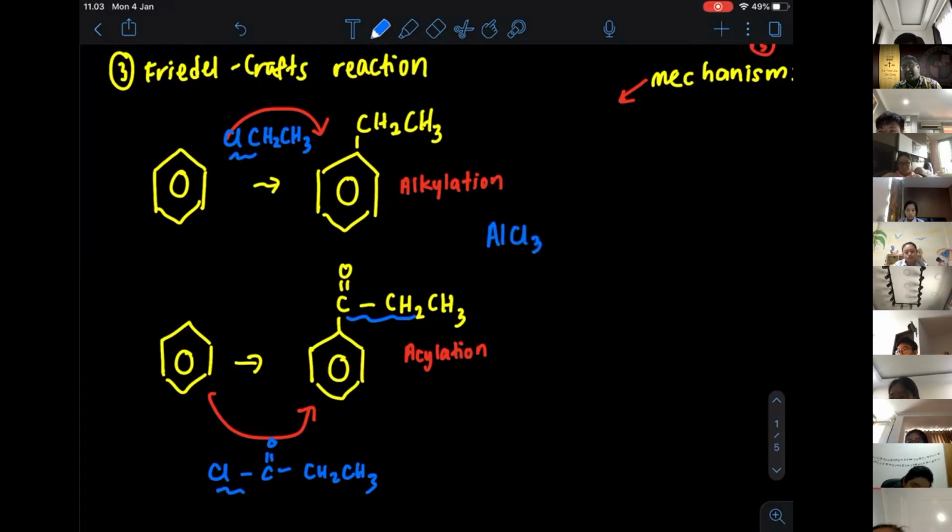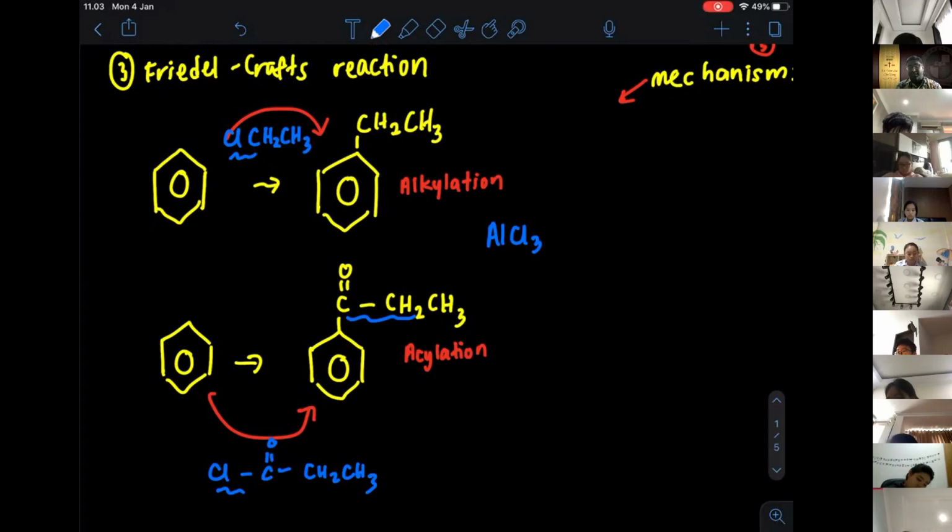We have used AlCl3 before as a halogen carrier, but in this case, are they going to be the halogen carrier? The answer is no, they are not halogen carriers, because they are not going to carry the halogen into the benzene ring, but they have some role over there.